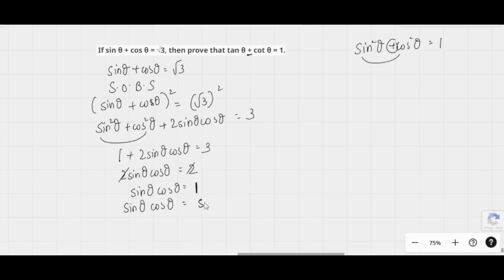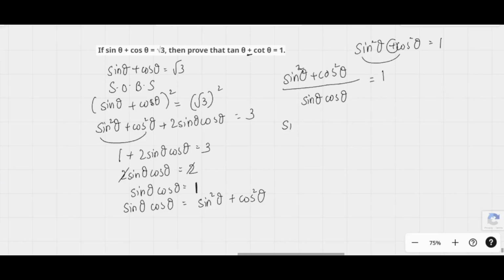In the place of 1, I am going to write sine square theta plus cos square theta. Understood? Now I am going to divide it. So when I bring the sine and cos here, this term will become 1, right? So I am going to divide it separately. (Sine square theta plus cos square theta) divided by sine theta cos theta is equal to 1.